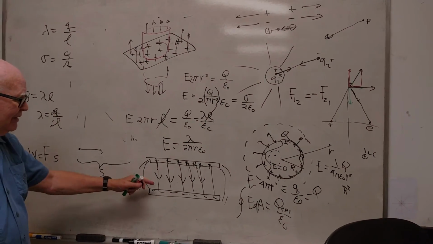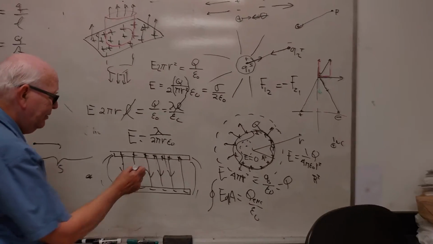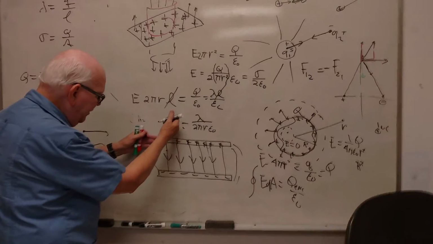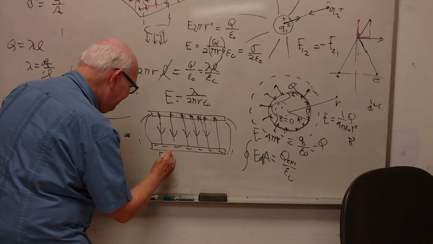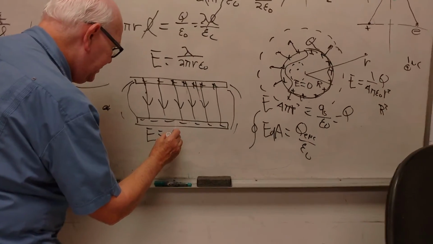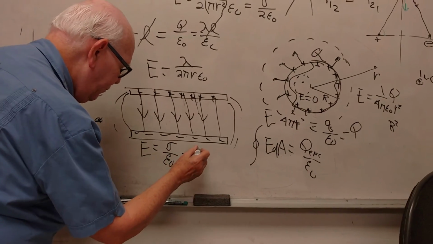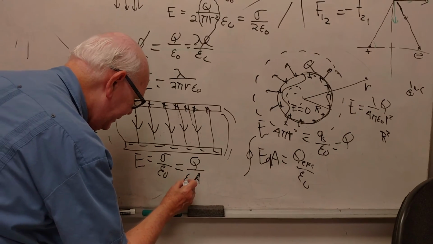So what is the field? The same as this one, but since we have this and that, in other words, it flips down. So instead of twice the area, it's just the area. So the field in a parallel plate capacitor is simply sigma divided by epsilon zero. How simple. If you want to put Q over A, the area of the plates.